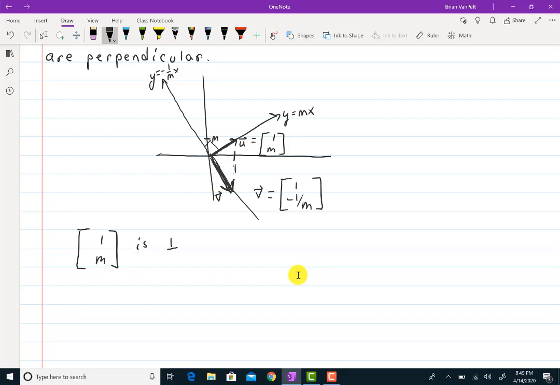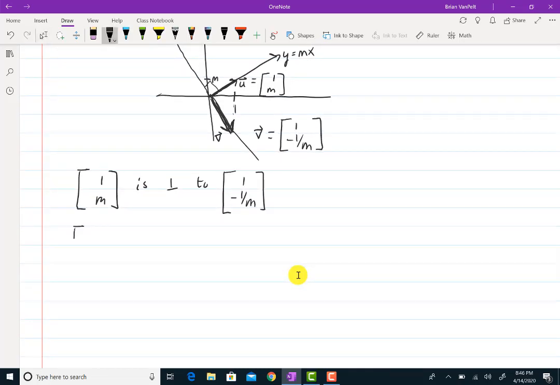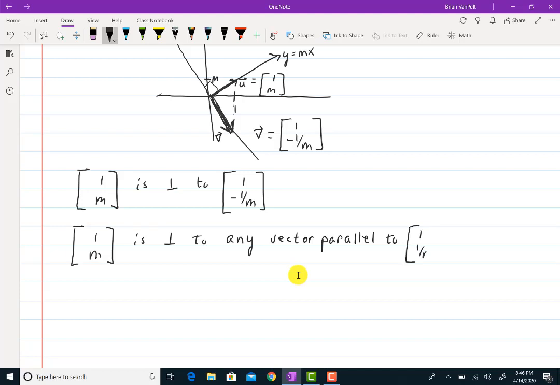So I use this notation, (1, m) is perpendicular to (1, -1/m). Now notice that (1, m) is perpendicular to any vector parallel to (1, -1/m).